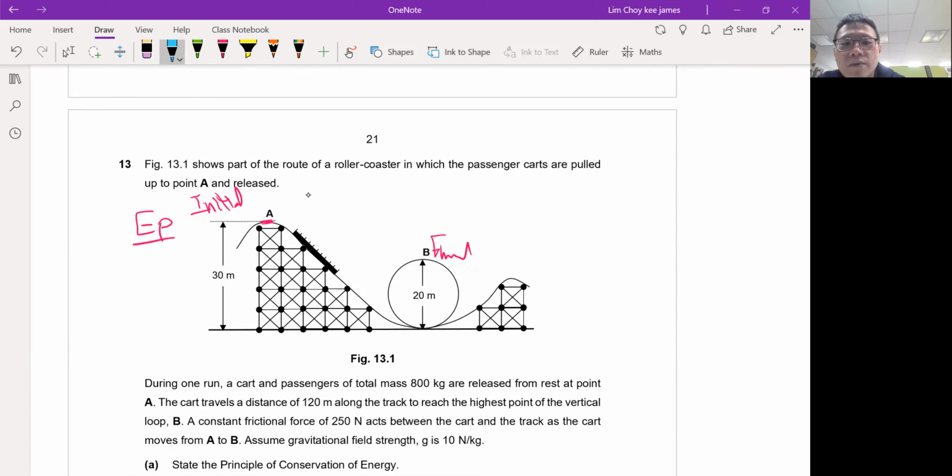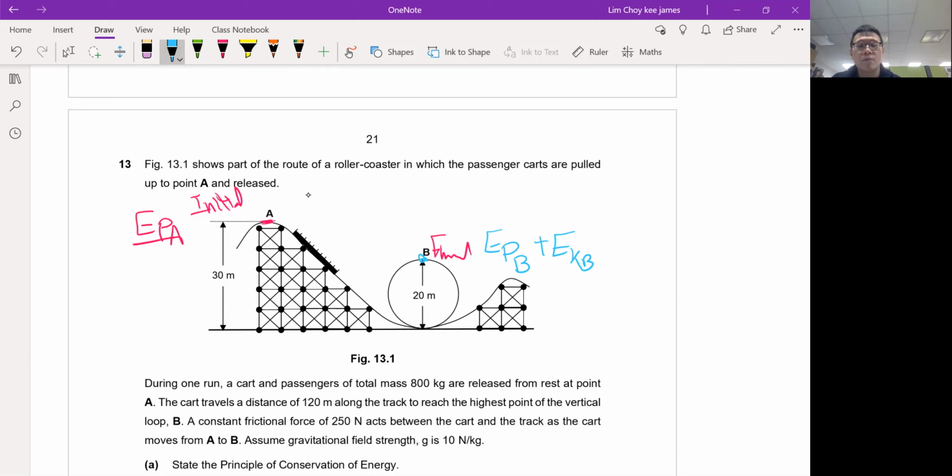At B, at final, I actually have potential energy at B. But other than potential energy at B, I also have kinetic energy at B, because when the roller coaster reaches B, it needs to have some speed. If not, it will just stop at the top of the circle. For it to move past the top of the circle, you need to have a certain velocity. So at point B, the roller coaster is not stationary, it's still moving, so it has a certain speed.